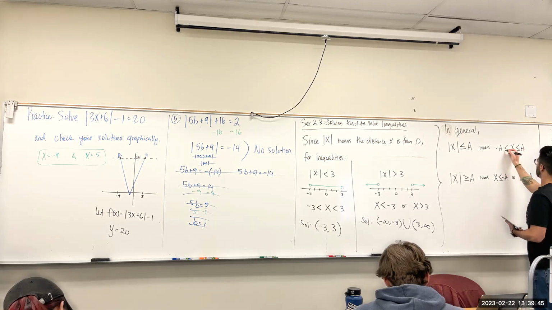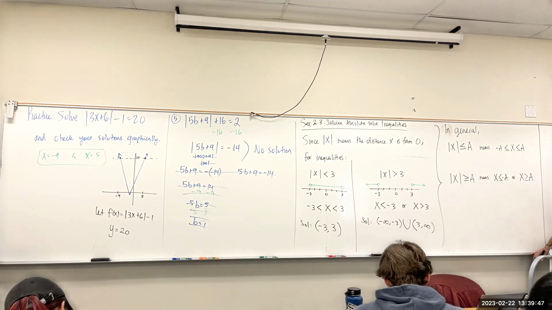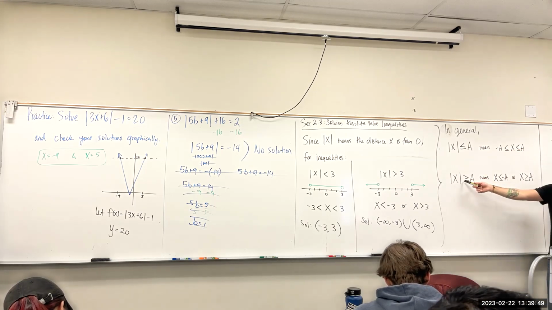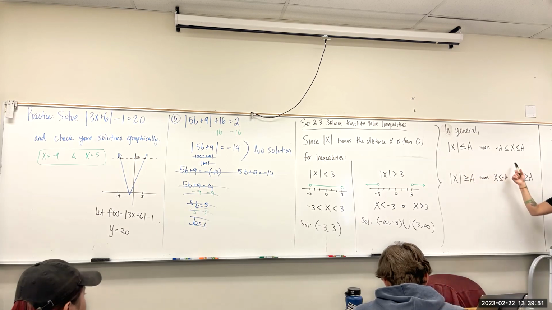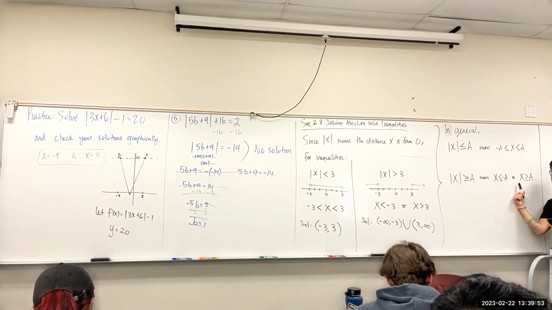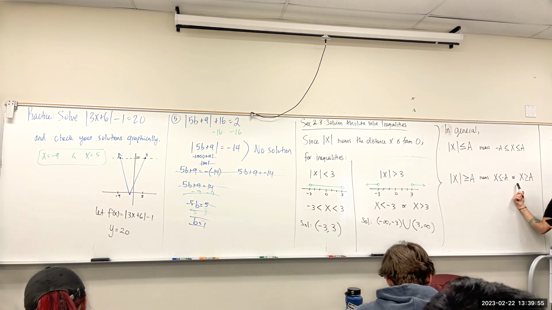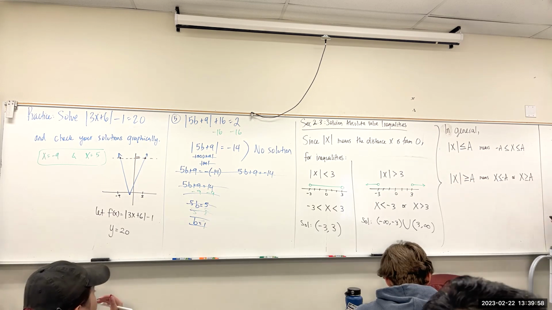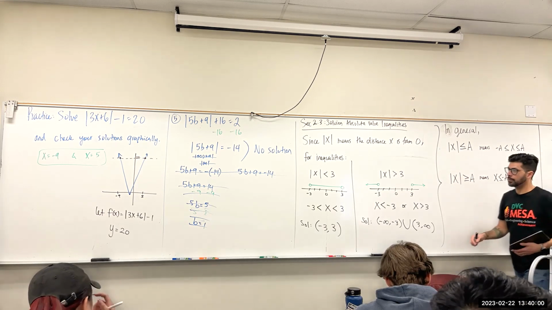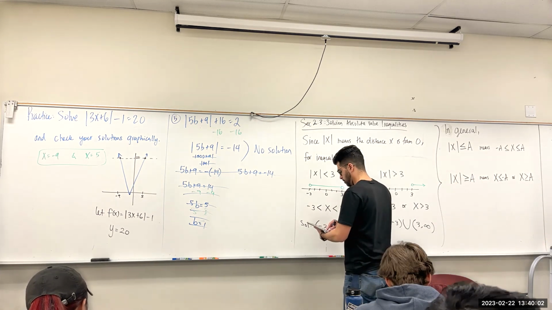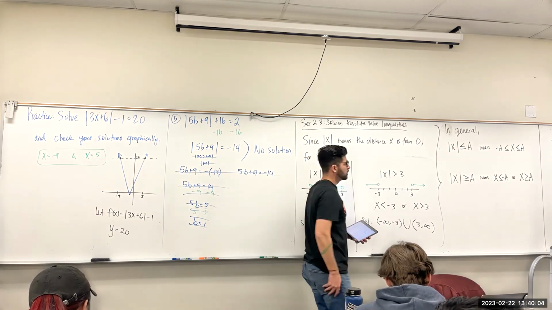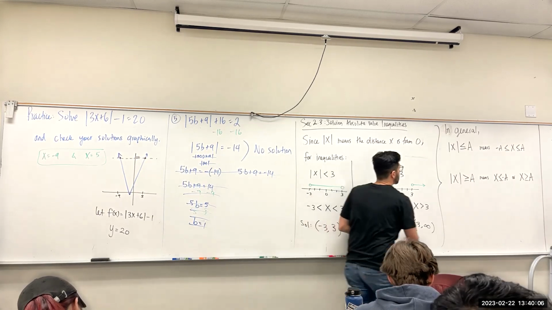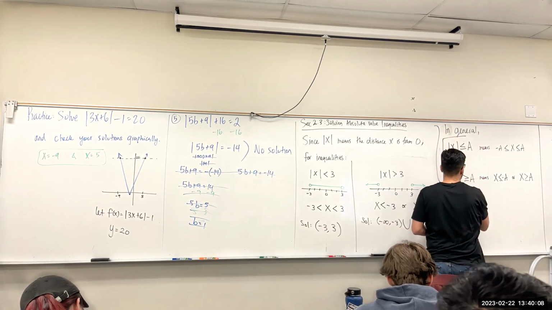Oops, I forgot to put the equal signs, sorry. So when you're left with a greater than inequality, you're going to convert it to 2 separate inequalities. This is what you're going to do a lot in your homework.